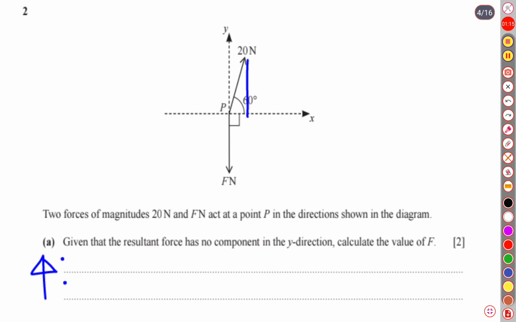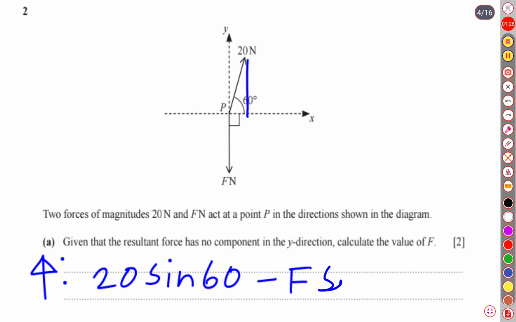Upward force is 20 sine 60 degree, and downward force is actually nothing but F. That means F sine 90 degree, because the force is acting straight vertically downward, so it is 90 degree, and resultant force is 0. So after subtraction it will be 0.